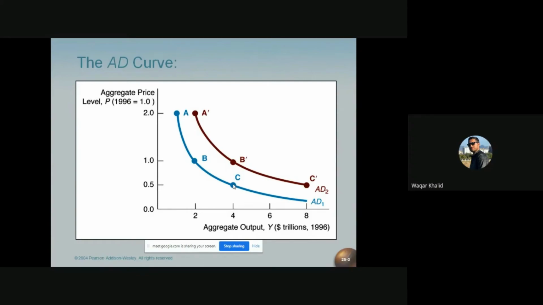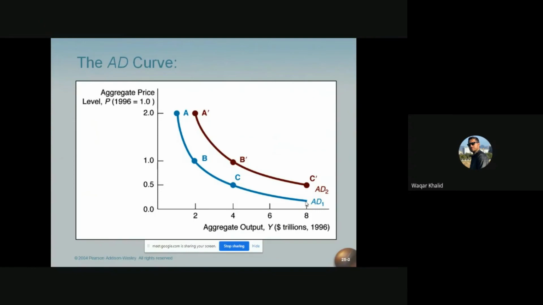You can see that the slope of this aggregate demand curve AD1 is downward. This downward aggregate demand curve indicates that as the price level falls, the quantity of output demanded rises. That's why the slope of the aggregate demand curve is downward from left to right. But we are keeping other factors constant.